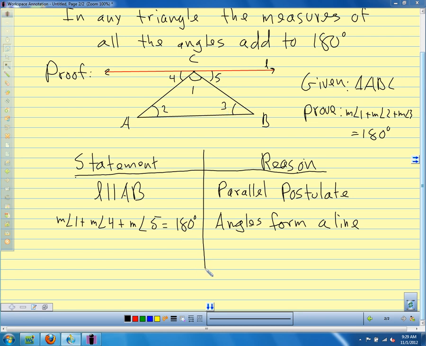So now my next step is going to be to say that the measure of angle 4 equals the measure of angle 2, and the measure of angle 5 equals the measure of angle 3, because they are alternate interior angles.